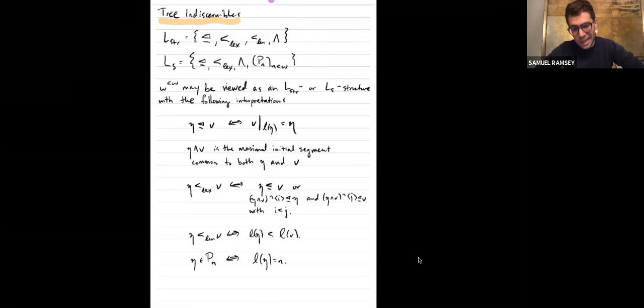If you look at the lexicographic order, what does that mean? Well, eta is lexicographically less than nu, you think about it just like a dictionary. Either eta is extended by nu, or they're incomparable, and if I look at their meet, to get to eta, I go in the i direction, to get to nu, I go in the j direction, and i is less than j.